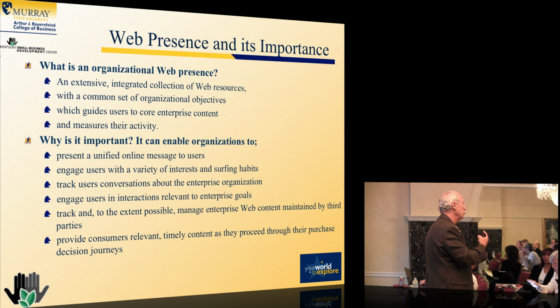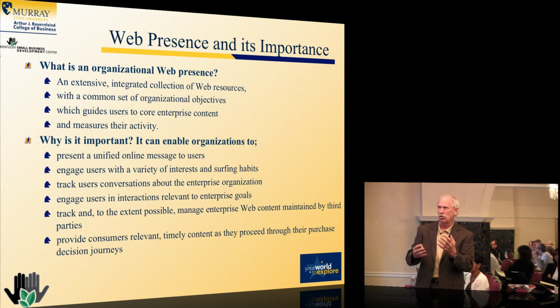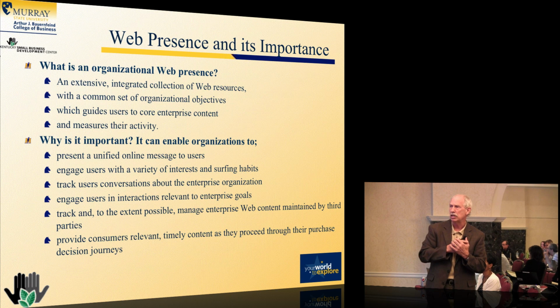And that puts you in a much better position to have a very publicly visible complaint that you've done something about, rather than a diatribe that's just left hanging there for everyone else to see. So you can't really control that content, but to some extent you can manage it. And to provide consumers with content about your organizations and about your products as they move through the consumer journey.